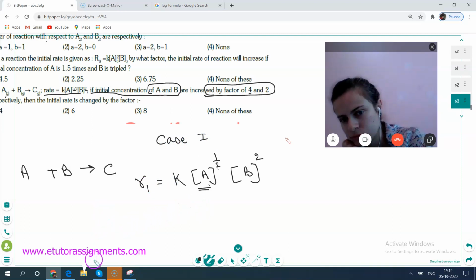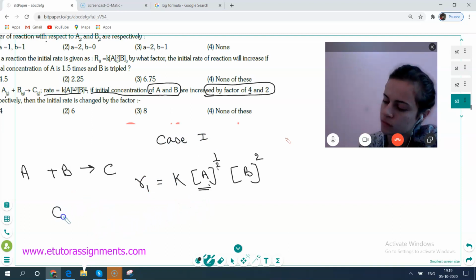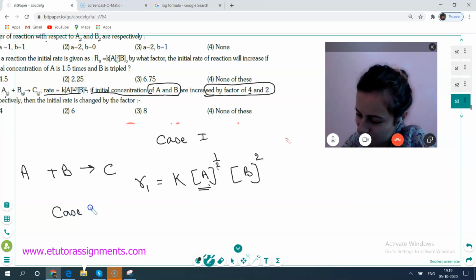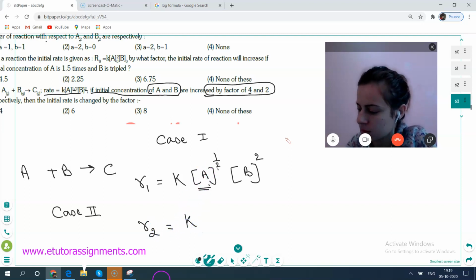Case 2, here also I am putting case 2, you see I am including the physics. Case 2, R2 is equal to K. What is the concentration of A now? By increase, 4A power half.